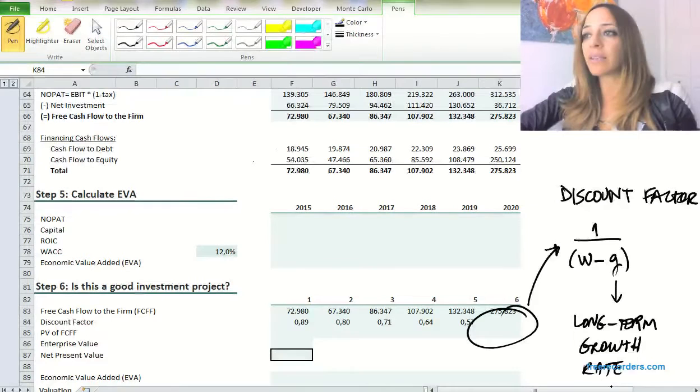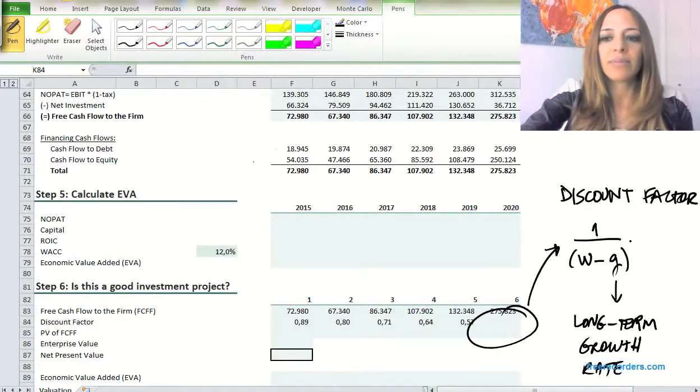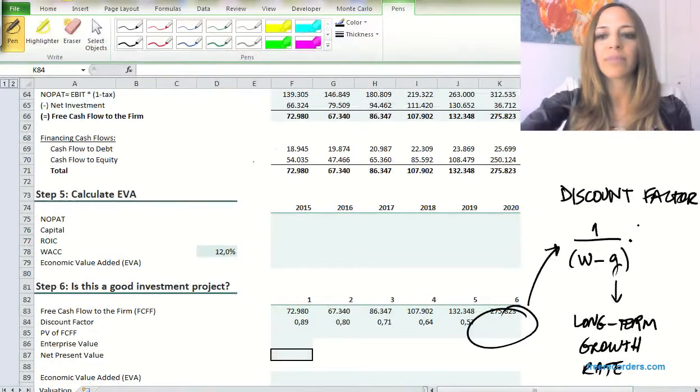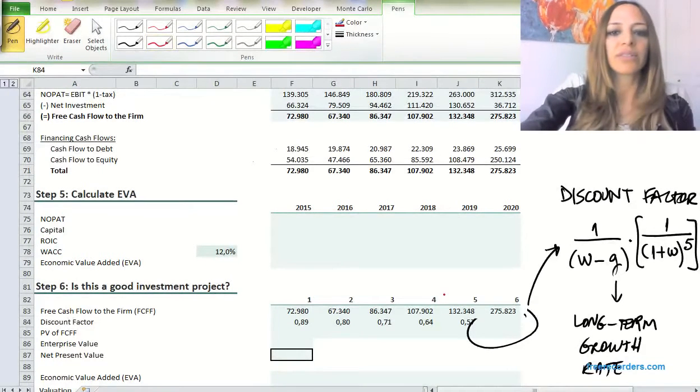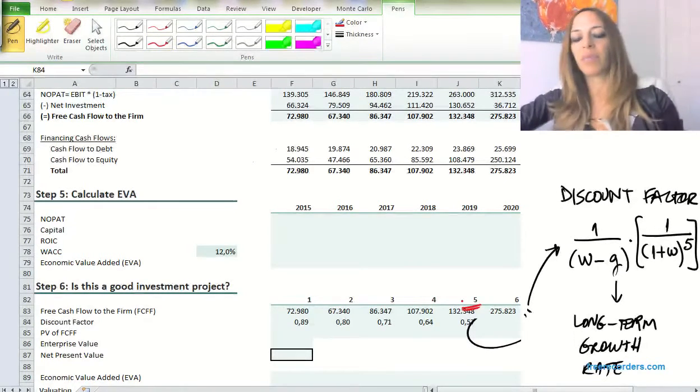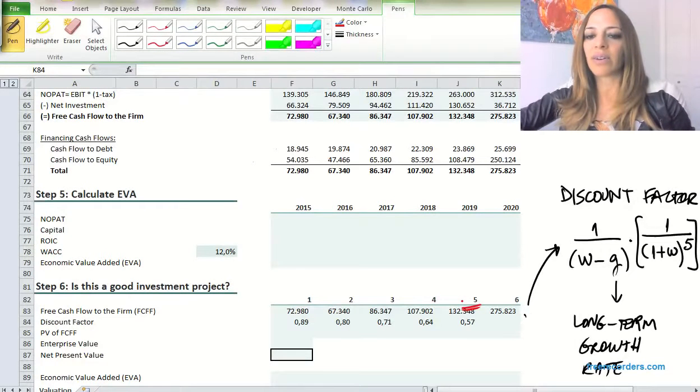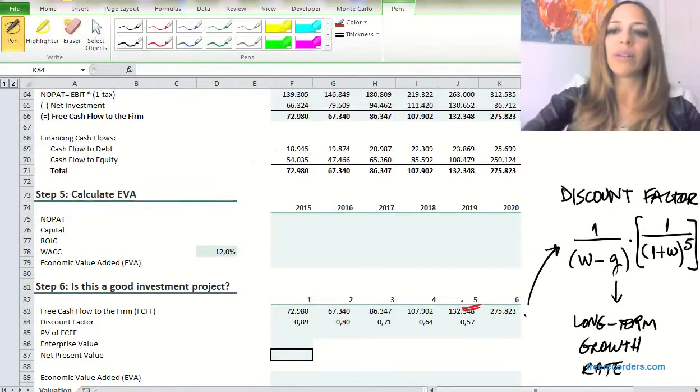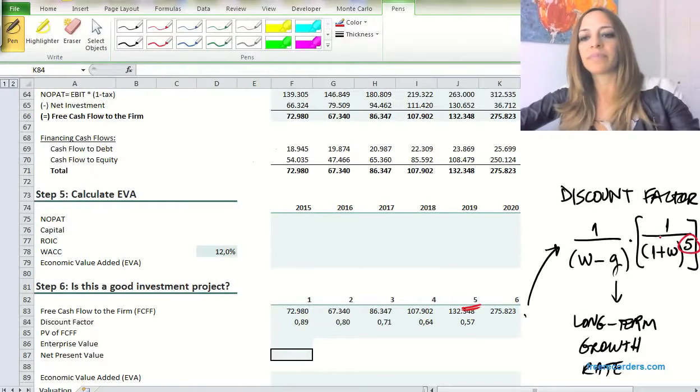In this case, it was 2%, right? 2% times the previous factor: 1 divided by 1 plus the weighted average cost of capital, in this case to the power of 5, the previous factor. If the perpetuity starts on year 6, then the number we are using is 5.